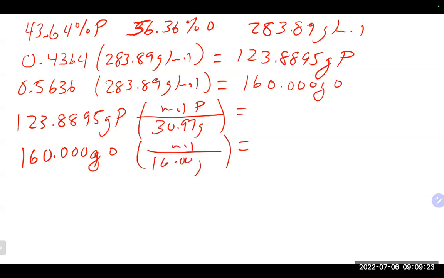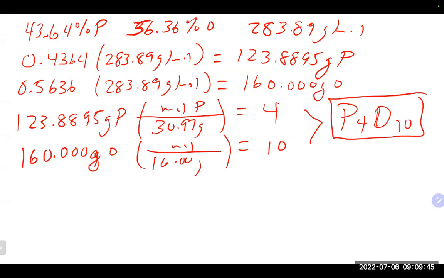And if we do that, we end up with 10 and we end up with 4, and that would give us our molecular formula in this case of P4O10, which is exactly what we got before.